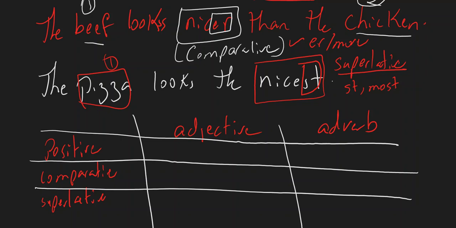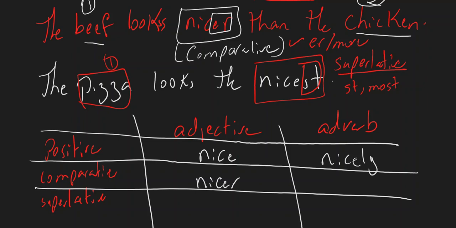Let's say I use the word nice, and the adverb is nicely, adding ly for the adverb. For the comparative, I would add an er at the end. Since we have an e at the end, I only add the r, which is nicer.